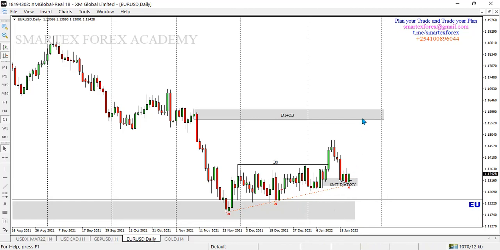So expect an up move back to this before we drop or we go up. So here, we have break of structure, return to this zone.